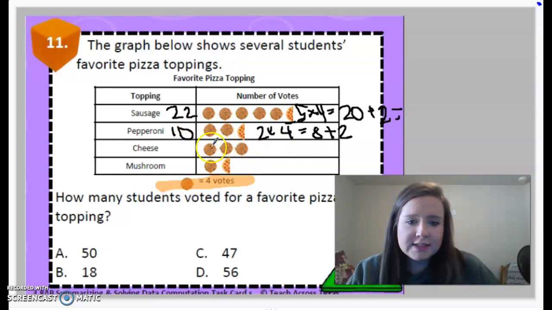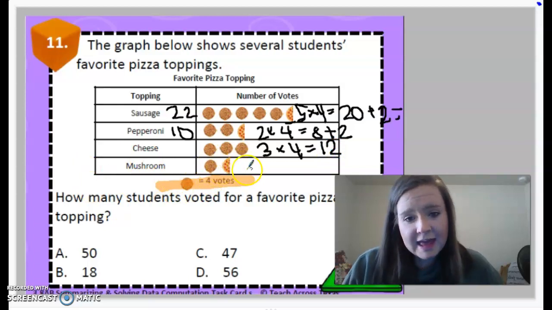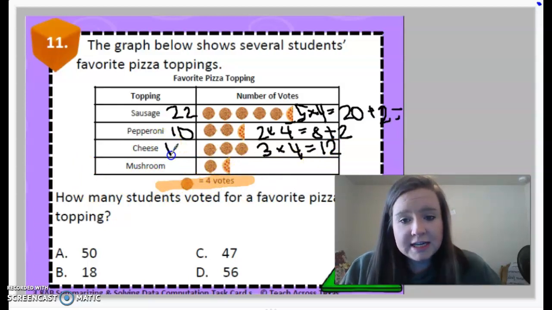This is going to be 4, 4, 4. This is going to be 3 times 4. What is 3 times 4? 3 times 4 is 12. Good job. You guys are learning your multiplication facts. Okay? This one is going to cheese has 12.